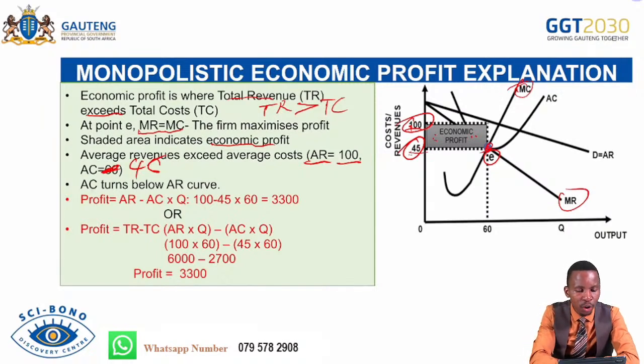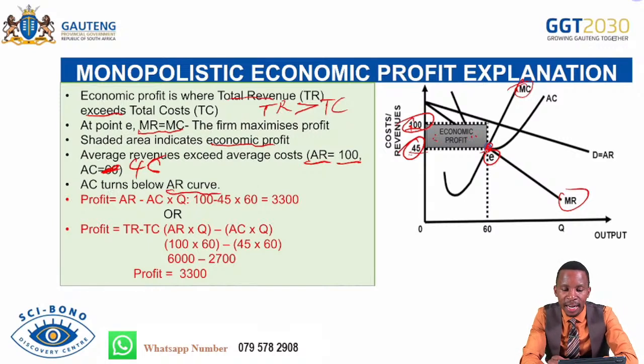The average cost curve turns just below the average revenue: AR is up there and AC is turning down there. That simply means the average cost curve is turning below the average revenue curve. As a result, the firm is making a supernormal profit or economic profit.